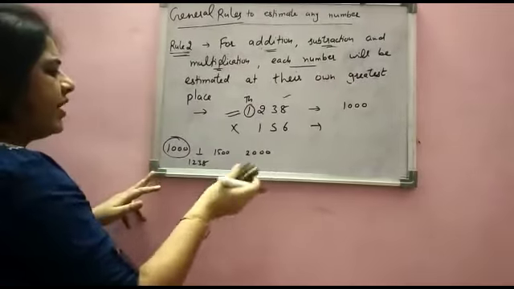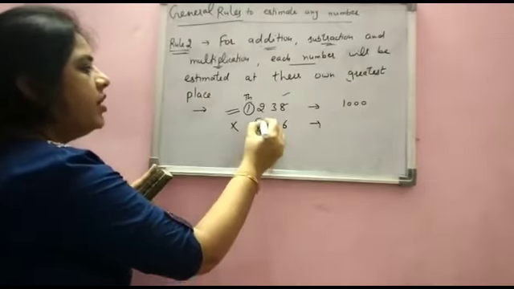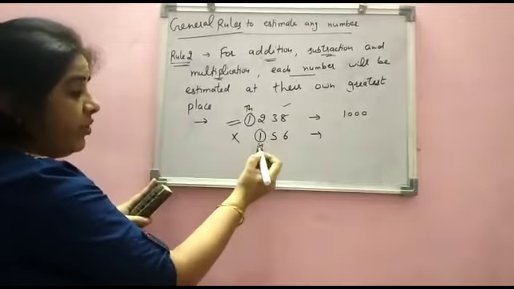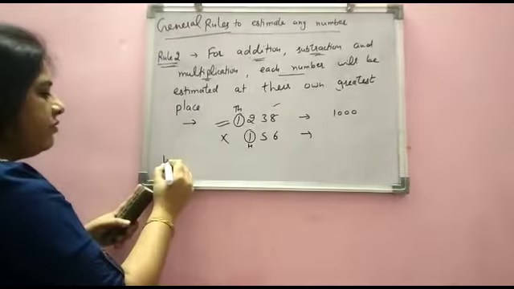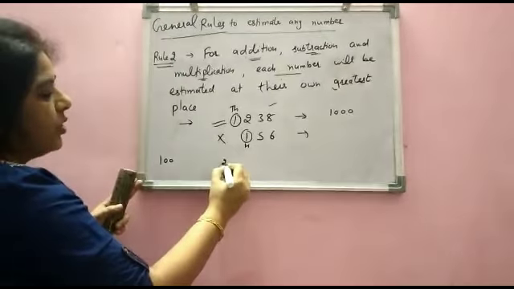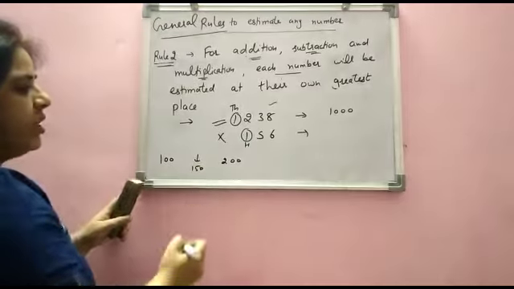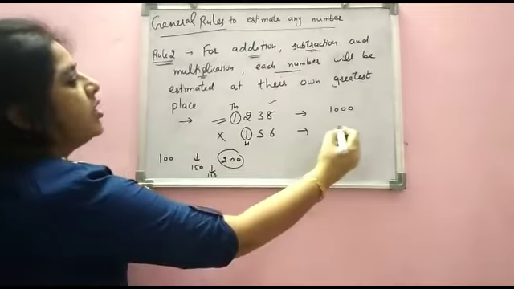Now, what is the greatest place of the second number? It is 100 place. Ones, tens and 100. So we will estimate this number at 100 place. It lies between 100 and 200, multiples of 100. Halfway is 150. So it is more than halfway, so it will go with 200.